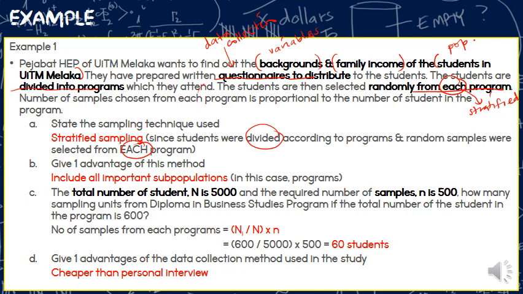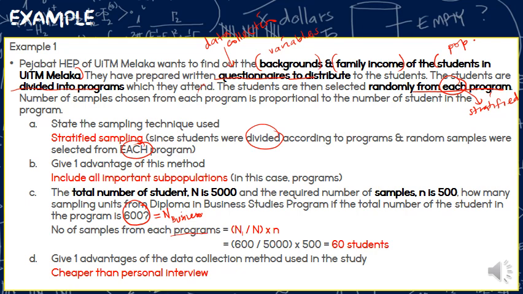okay, dia kata ada 600 orang. So ini adalah subpopulation dalam bisnes. So berapa ramai yang dipatut pilih? So number of sample daripada business.